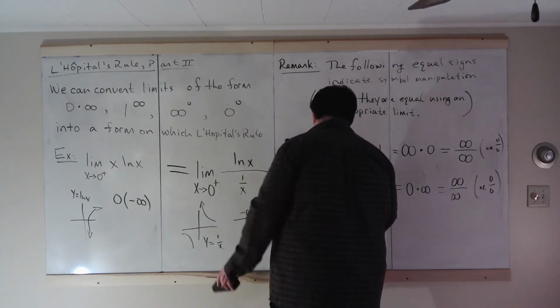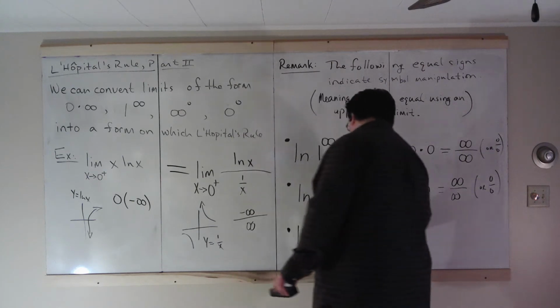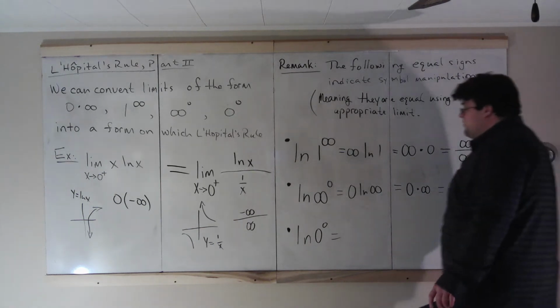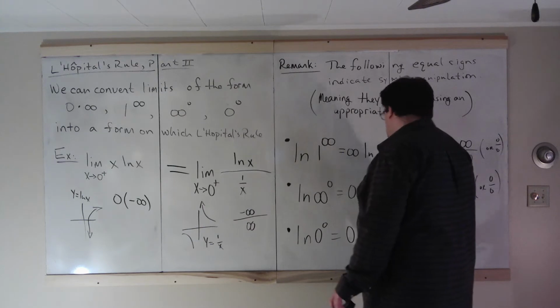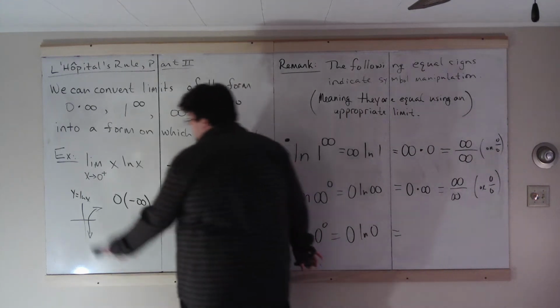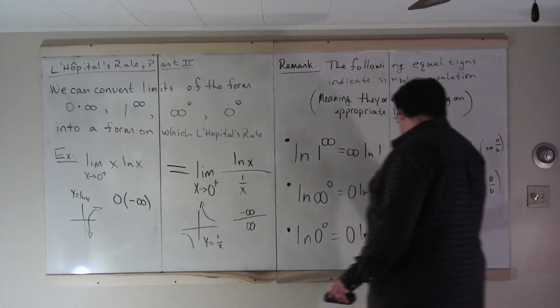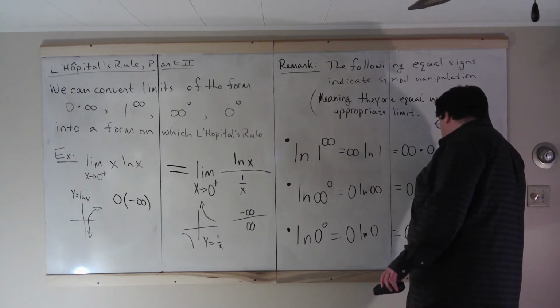What about this last one? Or quotient rule, I guess. 0 to the 0. What happens with 0 to the 0? Throw a logarithm on it. You get 0 log 0. Now again, log 0 doesn't exist. But here, in the appropriate limit, we're going to look at 0 from the right. And that becomes a 0 times a negative infinity.